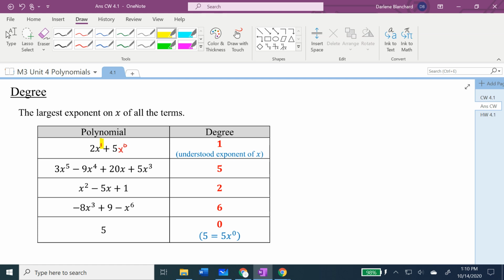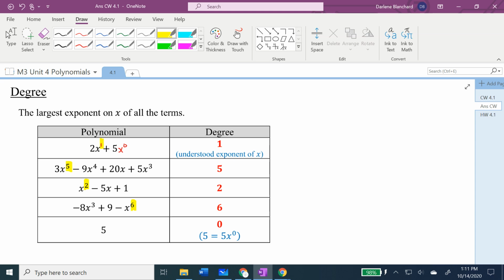For the next polynomial, the largest number that I see in an exponent is this 5. For the next polynomial, the largest exponent I see is this 2. For the next one, even though they're kind of in a different order, 6 is the largest exponent. That is a degree 6 polynomial.